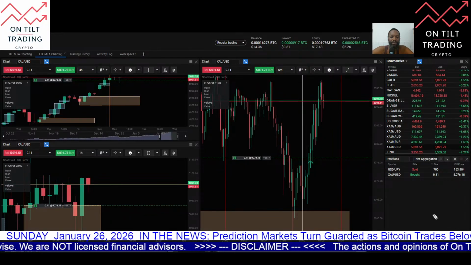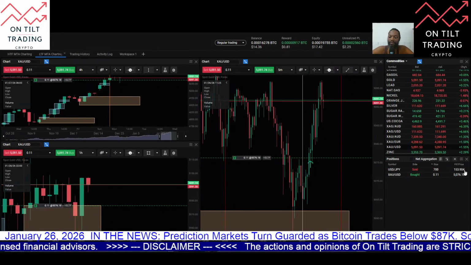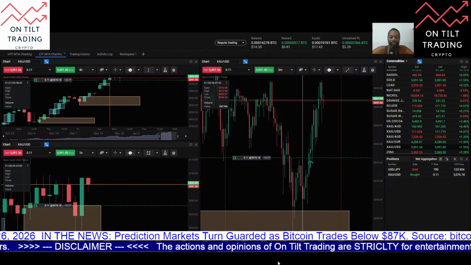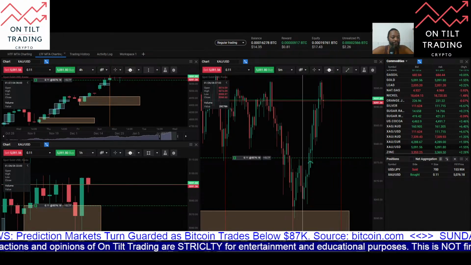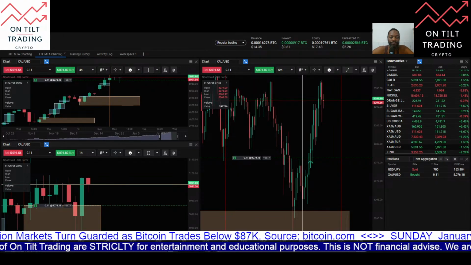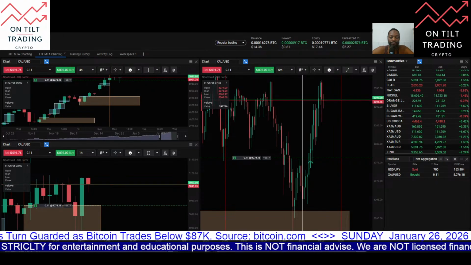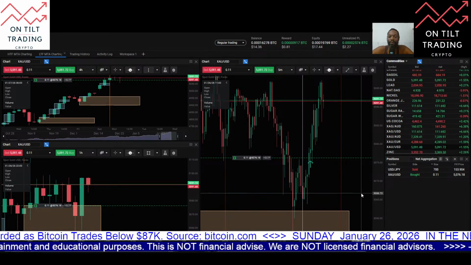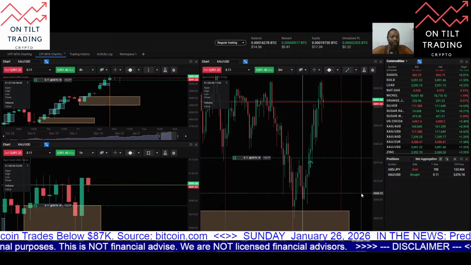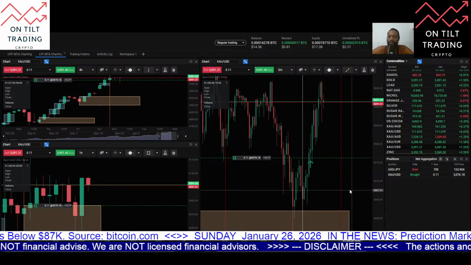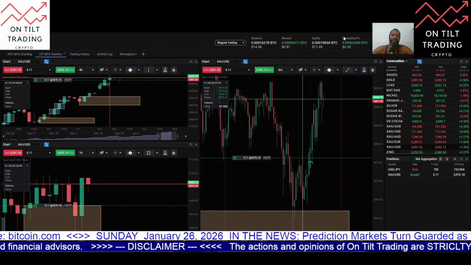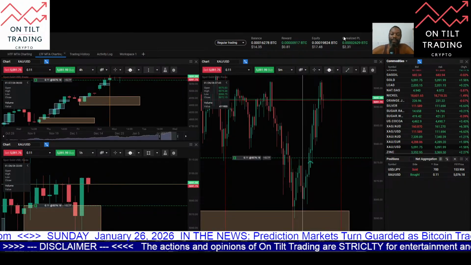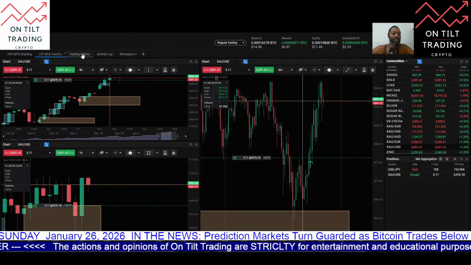And I could anticipate it doing so throughout the remainder of the kill zone. But I'm going to keep a close eye on price action here, and just let the trades play out. Again, both trades trading at a 3-to-1 reward to risk ratio.